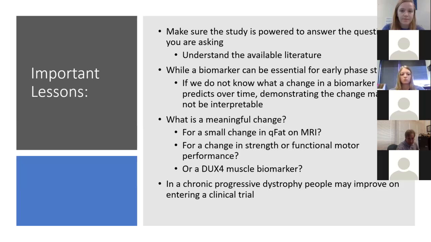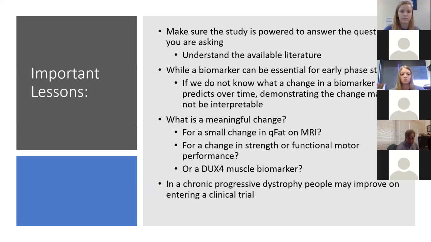But if you can imagine if we had a natural history study where we could have shown that a change of 10% in someone's muscle volume had some predictive value on whether they were going to require, say, a wheelchair for ambulation in 10 years or not, well, you might have taken the results of this study and said, well, we don't care that the function didn't change in 6 months.